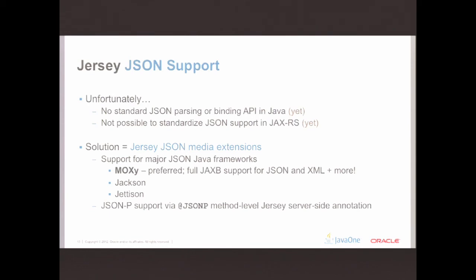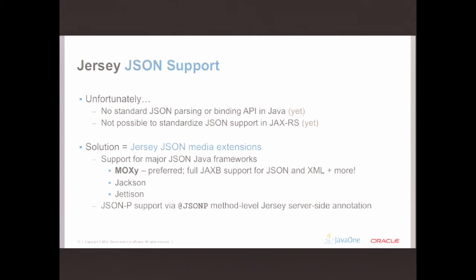And that's why we are not able to include the JSON support, not even for parsing, in the JAX-RS, and we need to rely on the support provided by the implementations in proprietary ways. So hopefully that's going to change in the maintenance release of JAX-RS 2.0 somewhere at the end of next year, or maybe early 2014. And the binding API is even further back, so it's going to come only in Java EE 8.